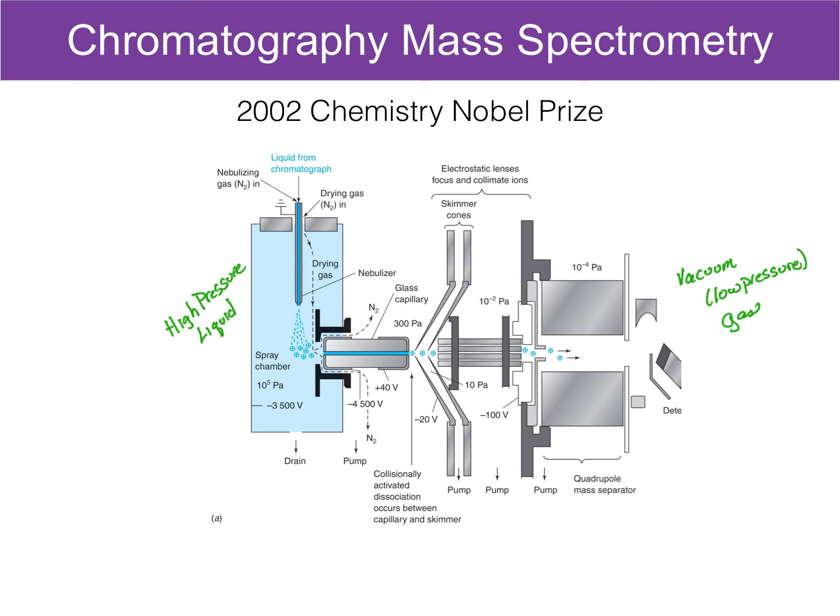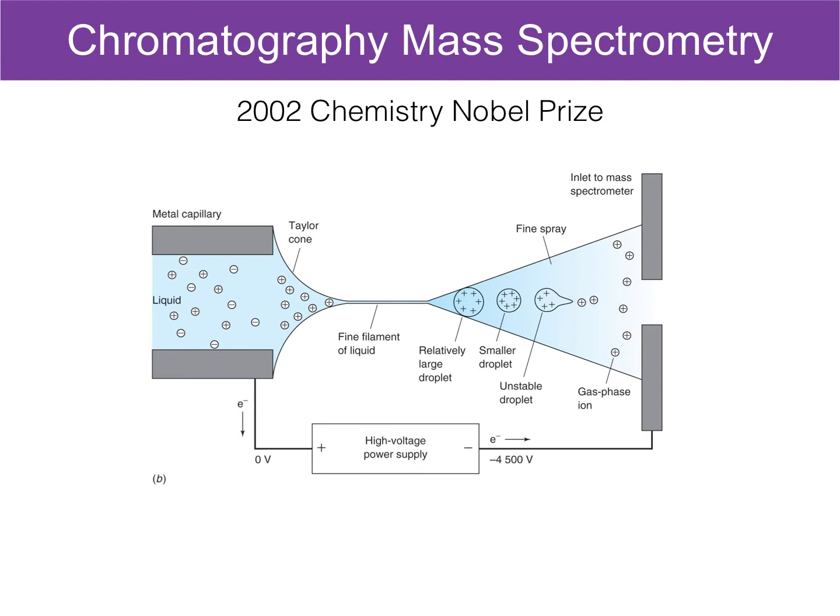And to go between these two components, we use a set of skimmer cones and electrostatic. And this is going to be an electrospray ionization method going on between the liquid chromatography and the mass spectrometry.